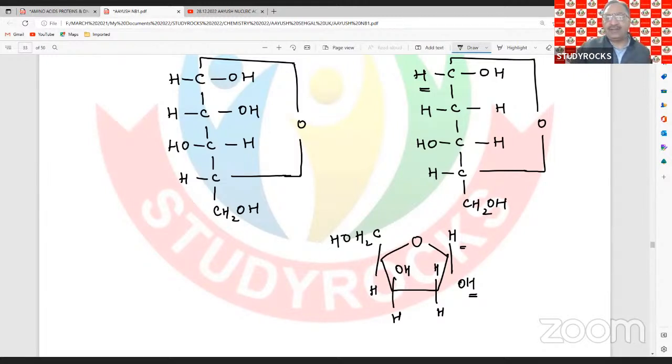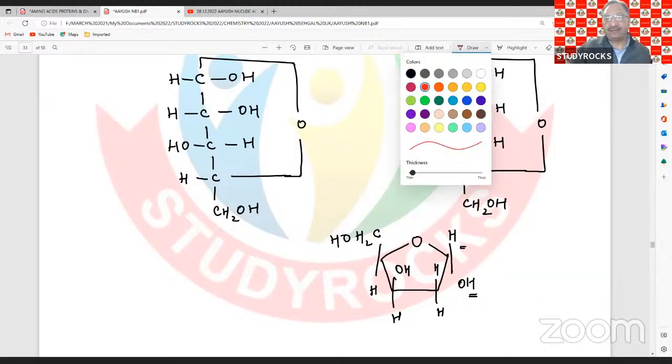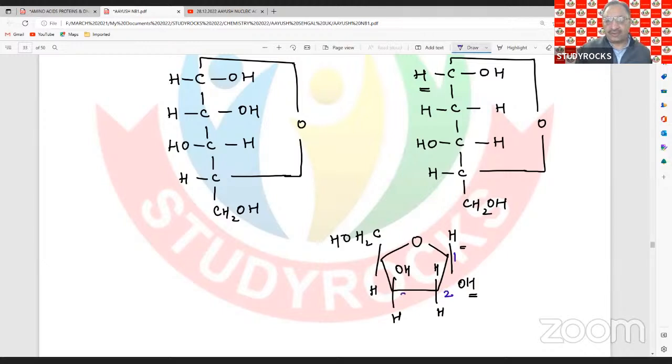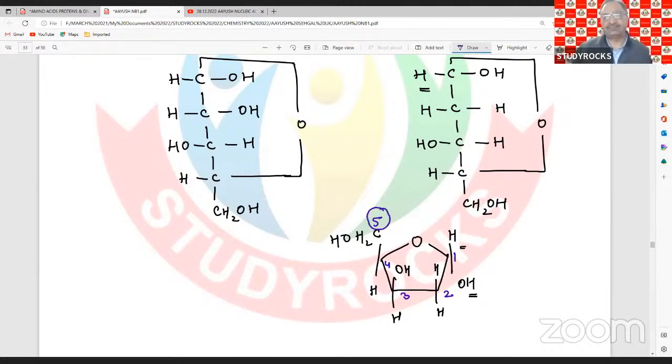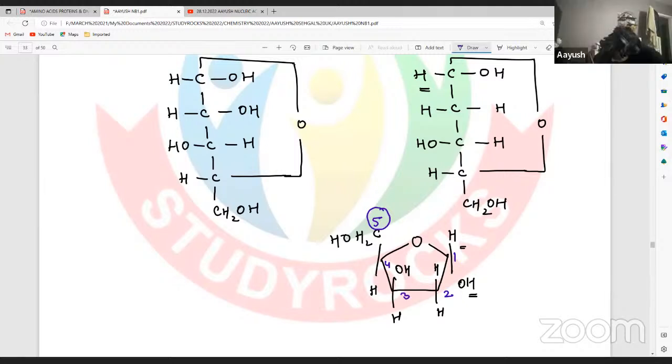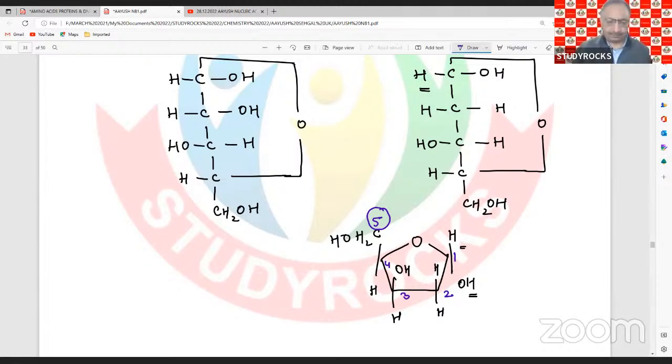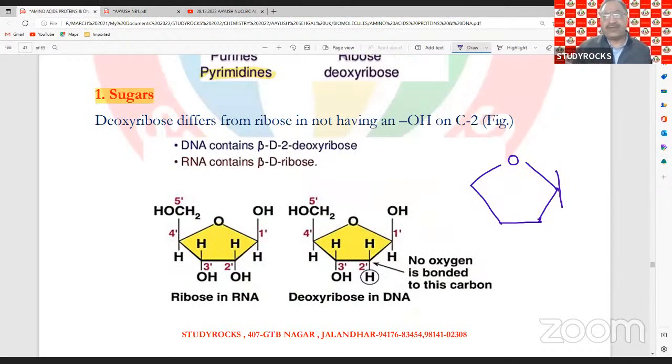So in the ring, the numbering goes like this. It is first, it is two, it is third, it is fourth, and this is fifth. This is going to play a big role, this fifth carbon. This is going to join further. So do you understand this structure? Yeah, I understand it now. You just need to understand. You need not cram.